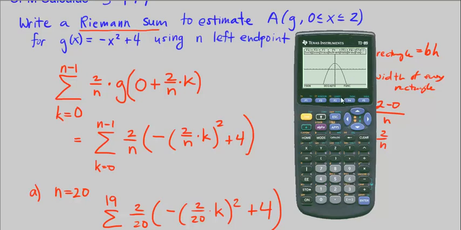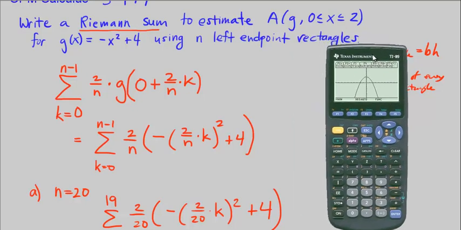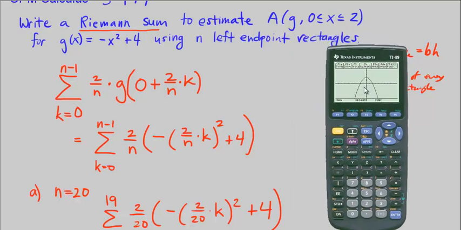Right. Okay, so this is basically my parabola reflected across the x-axis and shifted up by 4, right? Well, what's the special feature about this function? It has symmetry with respect to the y-axis, right? G of x is even.